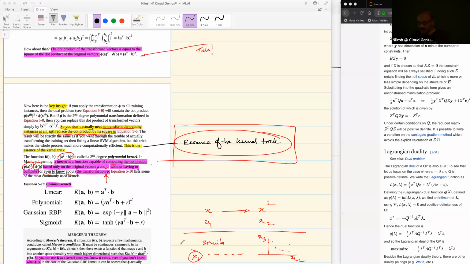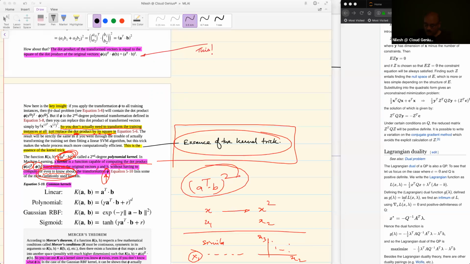So this transformation is conceptually the same idea. Phi can be whatever you want, but without even knowing about it, you can still get the result. And the result is as simple as this: A transpose times B, squared. So just replace the dot product by its square.